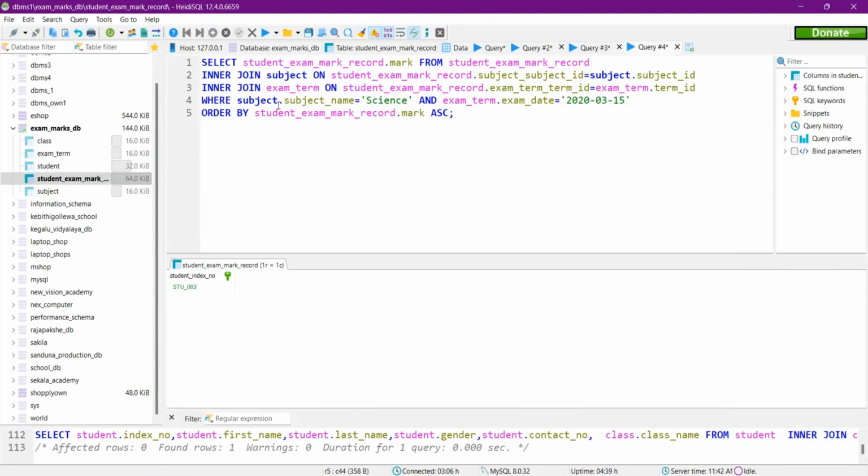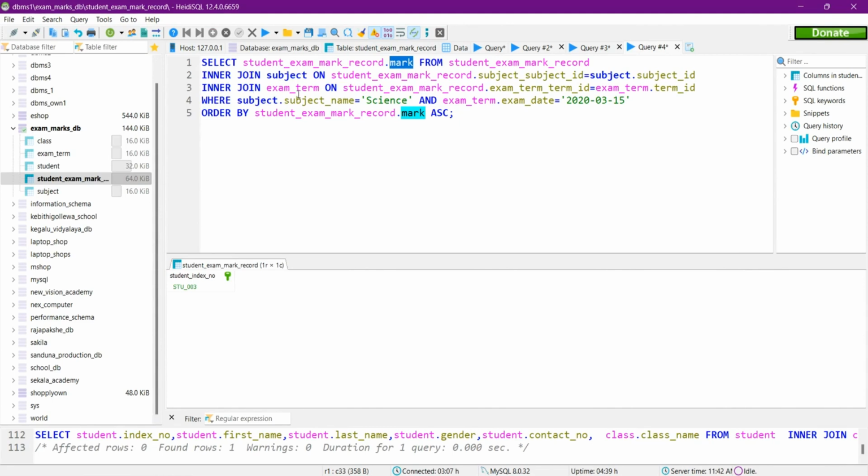So there are three tables involved in this question. I have selected mark from the student exam mark record table, and I have joined two tables, the subject table and the exam term table.